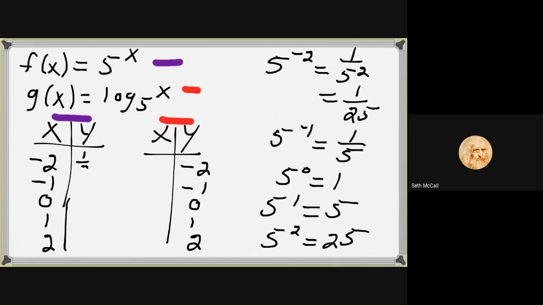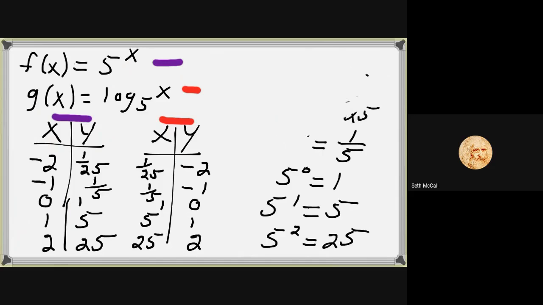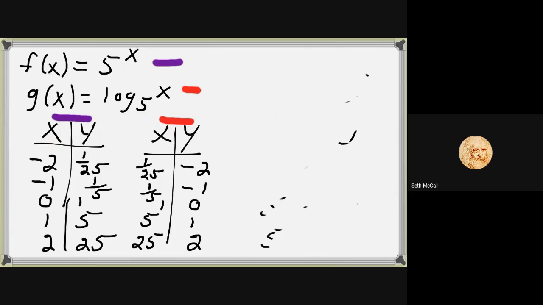So 1 over 25, 1 over 5, it becomes 1, 5, 25. And then those go right here. 1/5, 1, 5, 25. So proceeding to graph this, you're going to notice this looks very, very similar to the last graph.